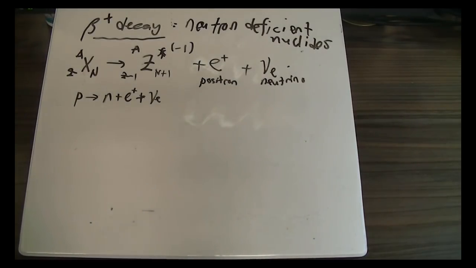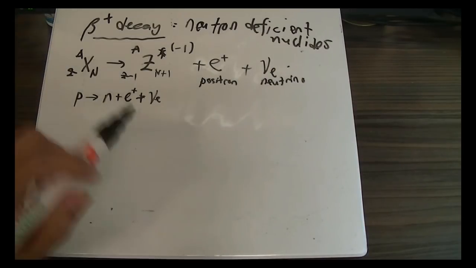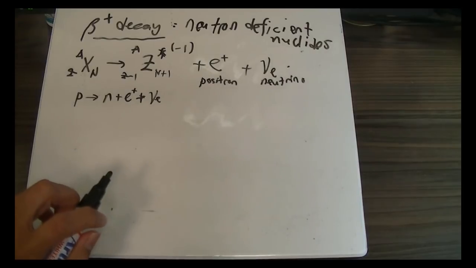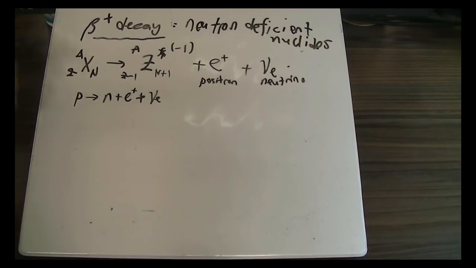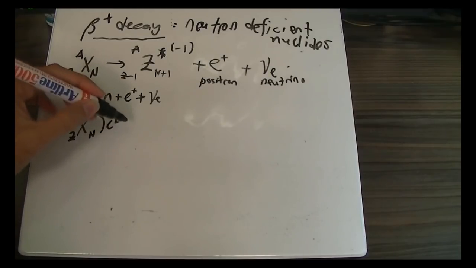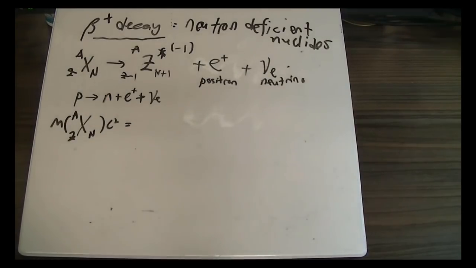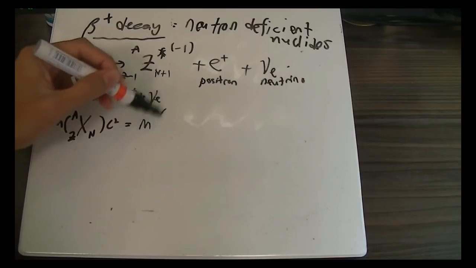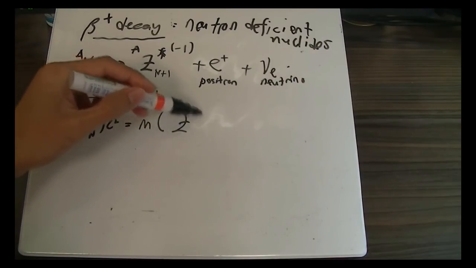Okay, so now these are the process, and next is the conservation of energy. At the beginning we have the mass energy of the parent, and next we have the mass energy for the daughter.